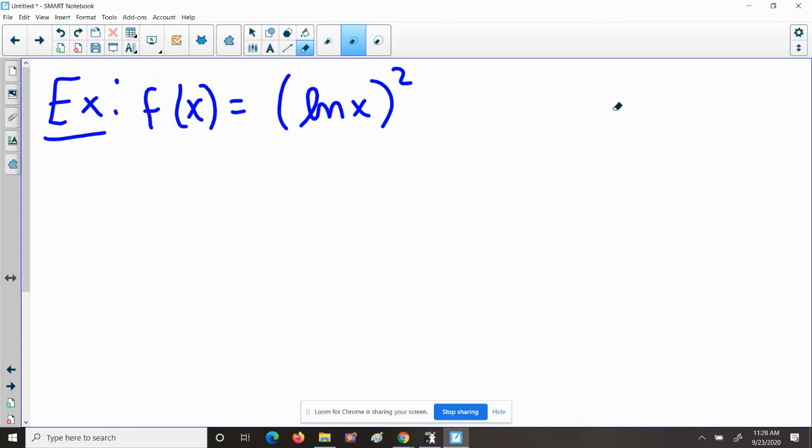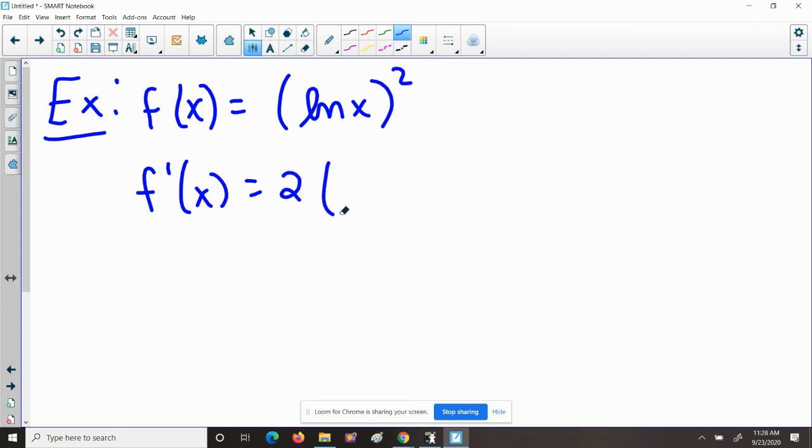Now let's go back and take the derivative of this function. We're going to have to use chain rule in order to do it because we have natural log of x all raised to the second power. All right, let's try using chain rule. Power out front times the function now to the 1 less power, so it's now to the 1.